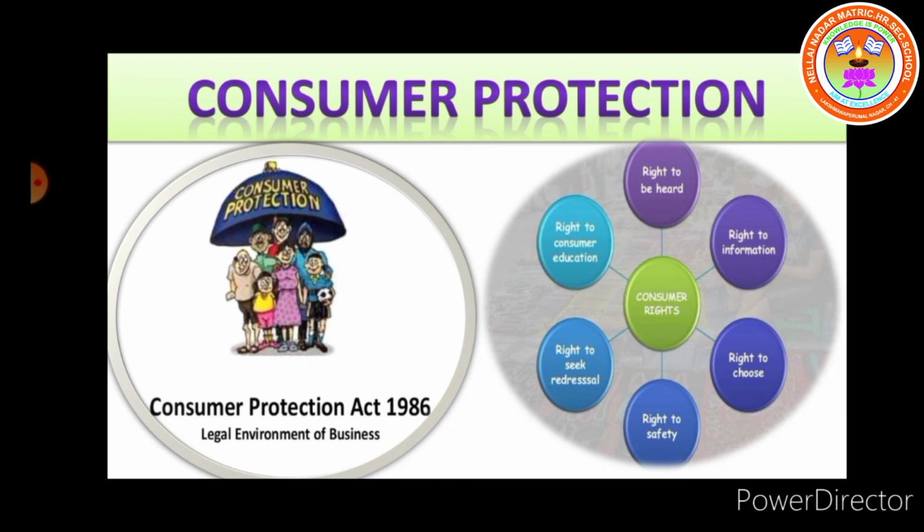Next, let us see consumer protection. Consumer protection is a group of laws enacted to protect the rights of consumers, fair trade, competition, and accurate information in the marketplace. Consumer protection laws are a form of government regulations that aim to protect the rights of consumers.